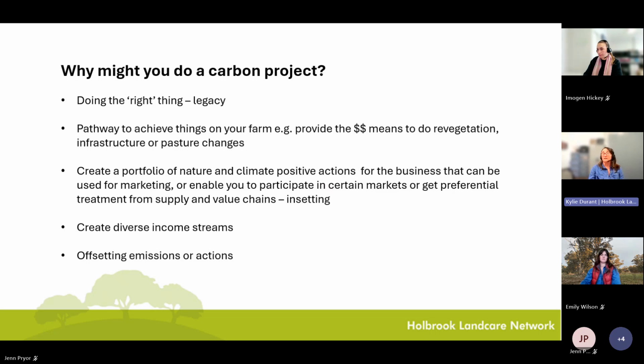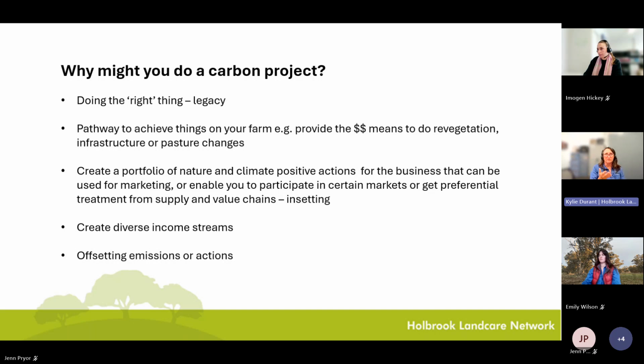It can create diverse income streams. We often use the example: you've got that hill paddock that's never that productive, I'm chasing weeds on it all the time. What happens if I put it to trees? What if I did a big carbon project on it?